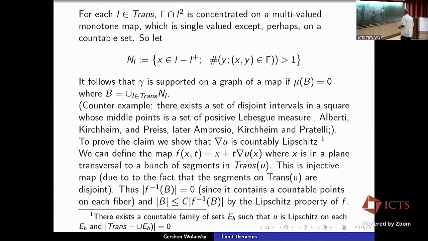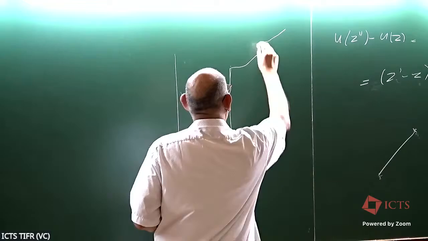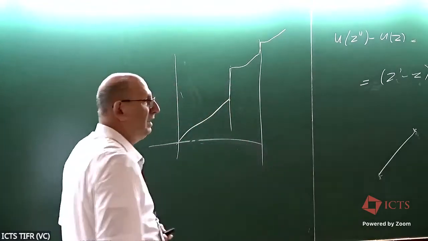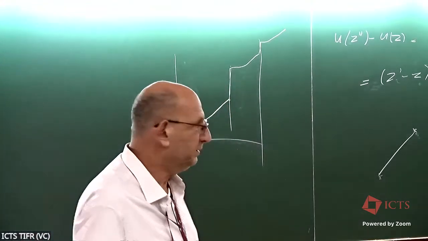So what happens when we have a monotone map? Let's say this is a monotone map. It may be discontinuous at some points. At the point of discontinuity the map is not defined, right?